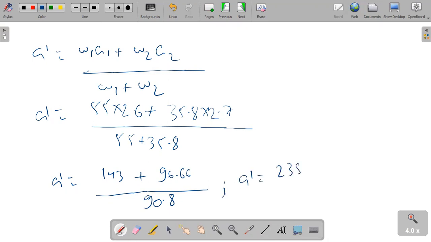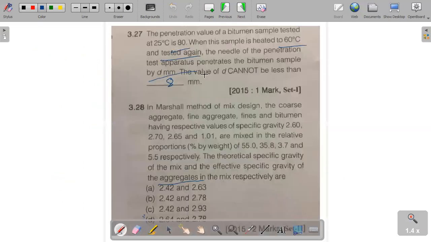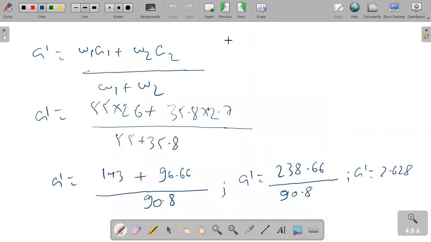So 238.66 divided by 90.8 is equal to 2.628, approximately 2.63. So option A is the correct answer.